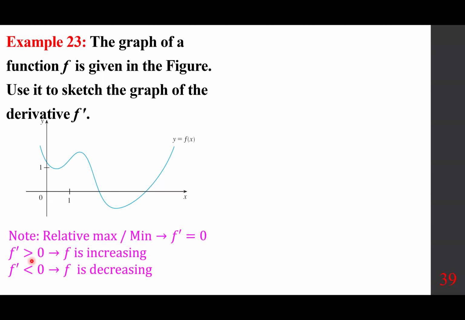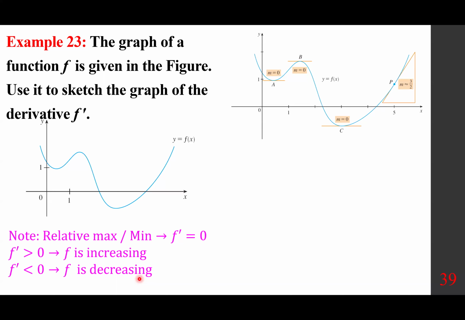So first and foremost, those three easy points correspond to 0 for y equals f prime of x. So A prime, B prime, and C prime.